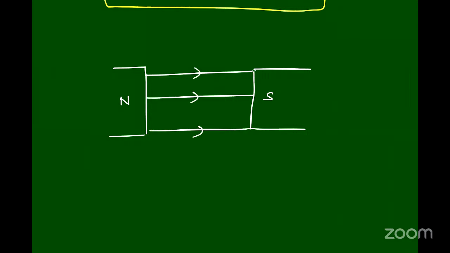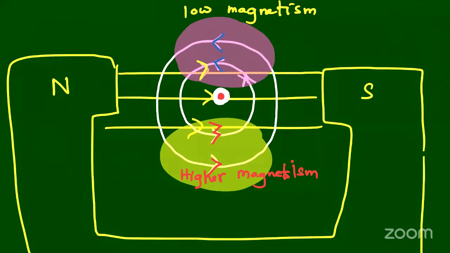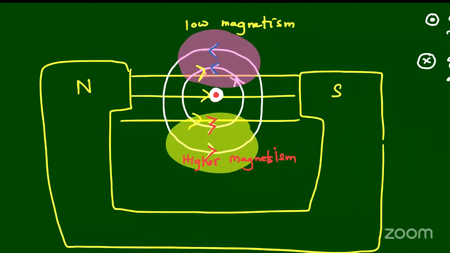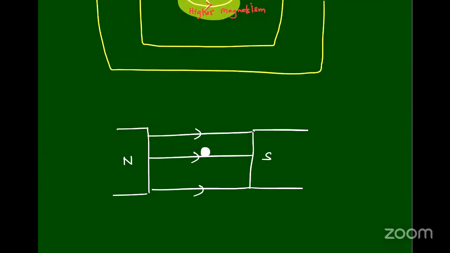In this case also I'm going to place the wire, but now I'm going to change the direction of the current. In the previous case, the current is coming towards you, away from the plane. In this case, I'm going to change the current direction. So now the current goes towards the plane, inwards, right?